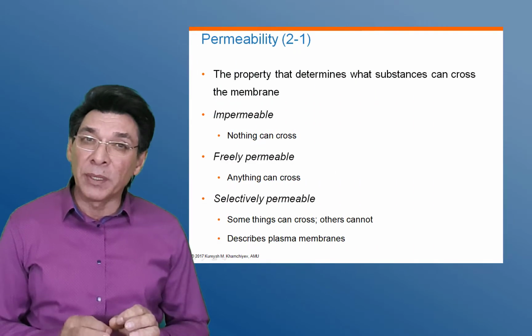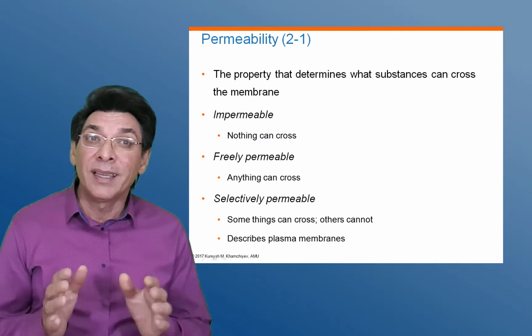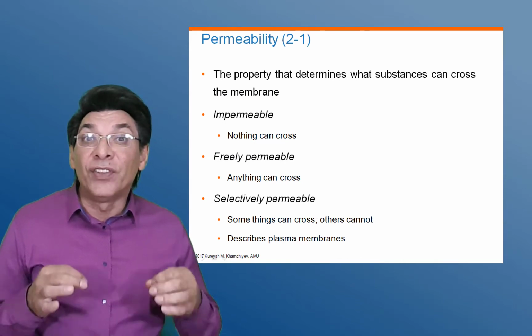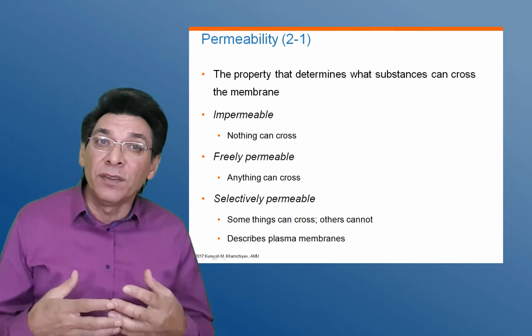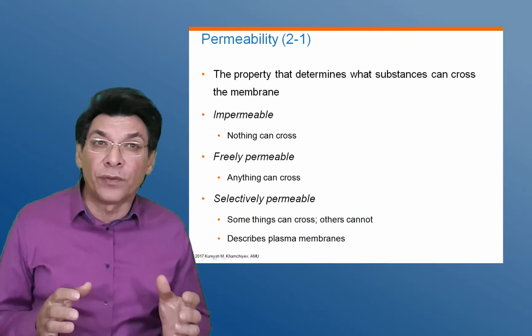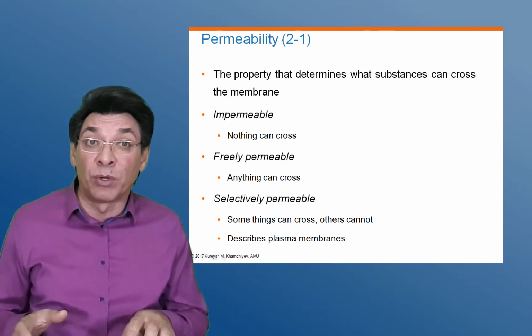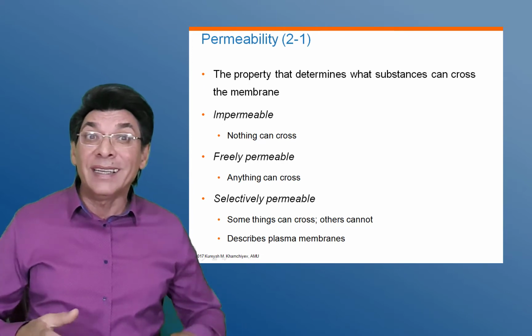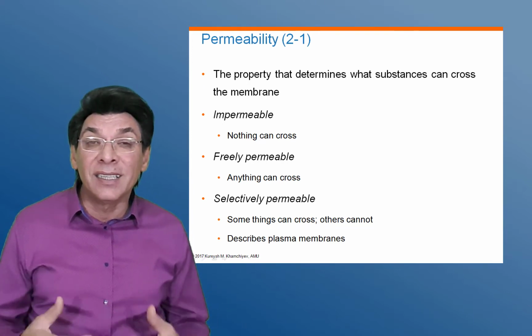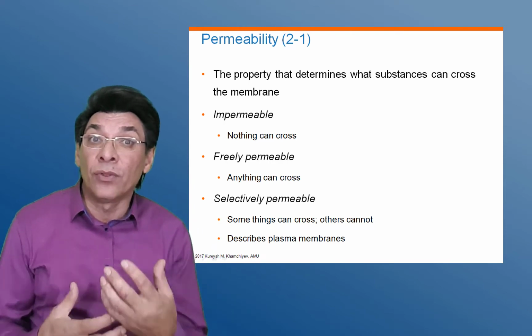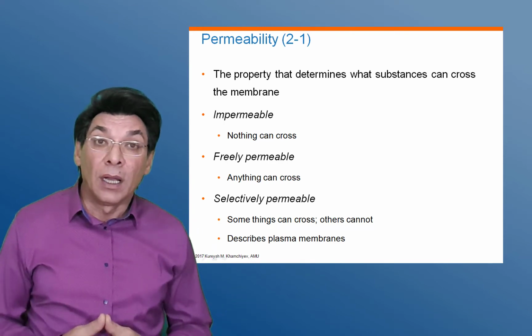Although the components of a plasma membrane can vary, the properties of a given molecule will have a large effect on whether it passes through the plasma membrane easily, or if it needs assistance, or if it cannot pass at all.